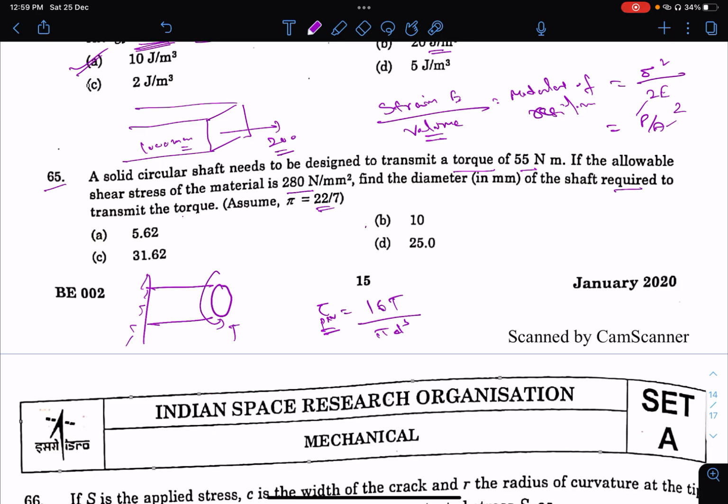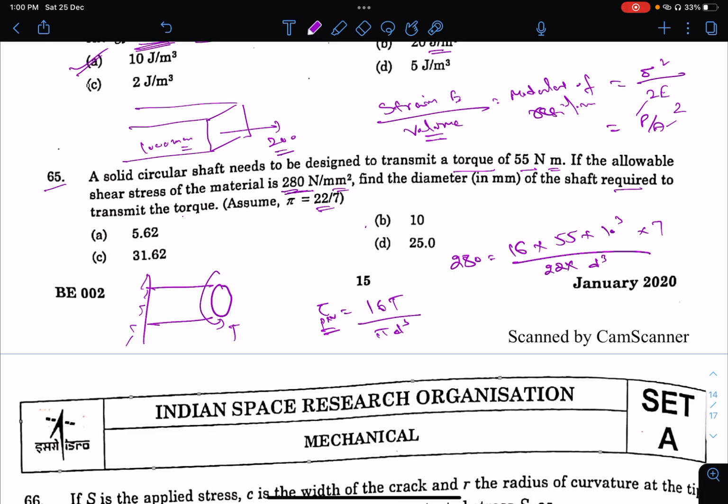So the shear stress in the material, 280, is equal to 16 into 55 into 10 raised to power 3, because the torque is given in meters and the diameter in mm, and 1 meter is equal to 1000 mm, upon 22 divided by 7 into d cube.